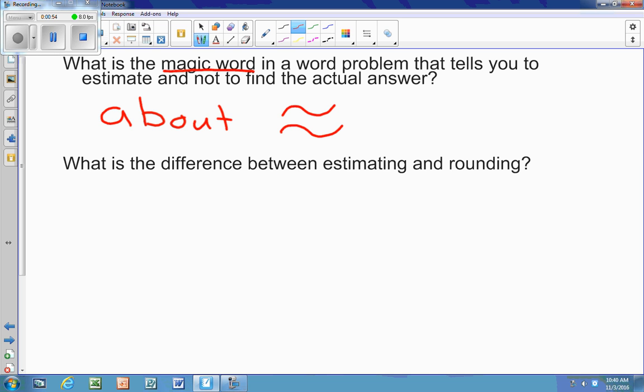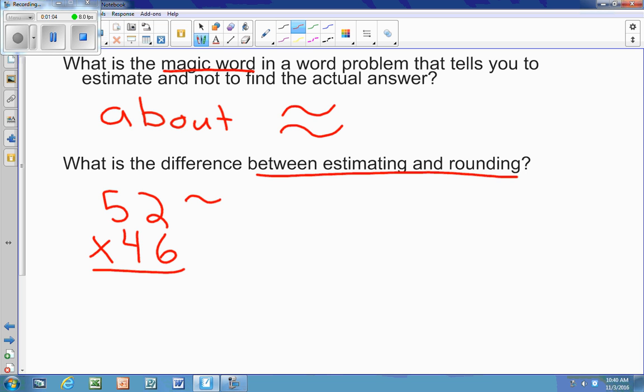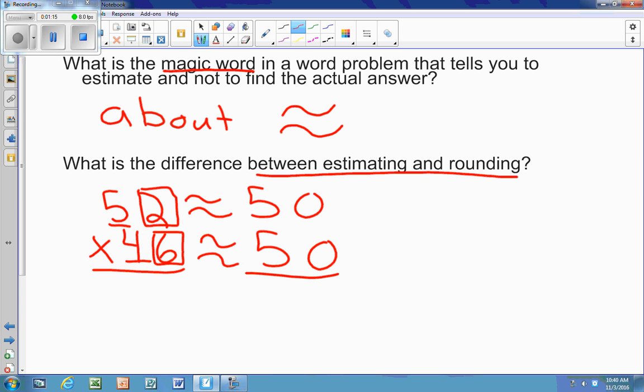The difference between estimating and rounding is the following. If I have these two numbers and I am estimating, I round each number, and then I multiply. That's estimating.